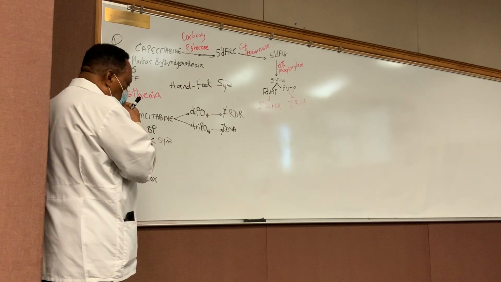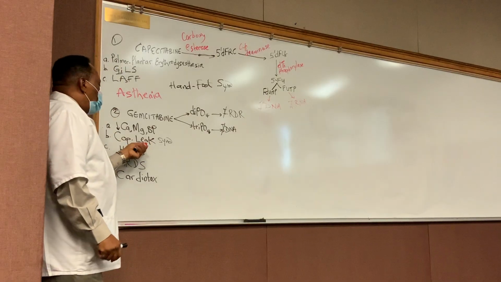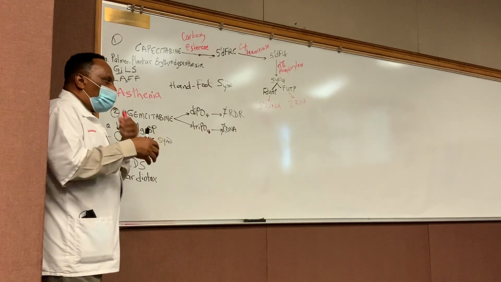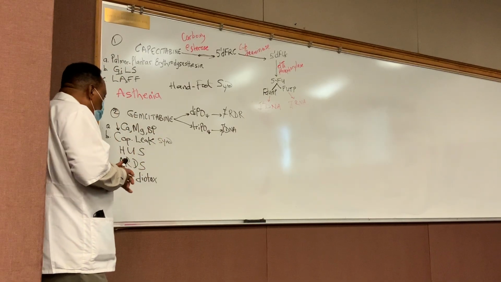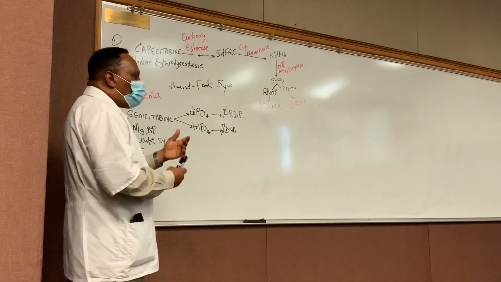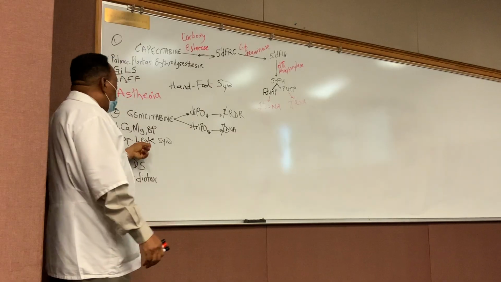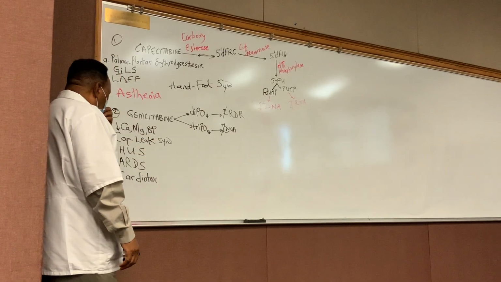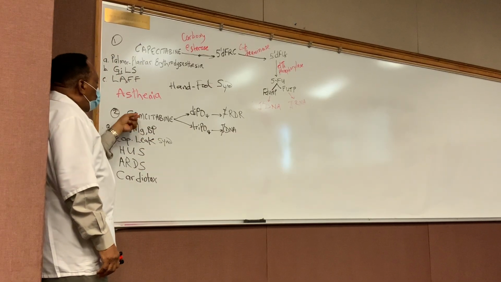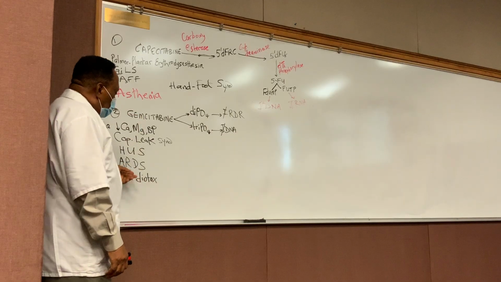So the only management you have for it is supportive management. You just have to take care of the blood pressure, take care of all the fluid accumulation and stuff like that. But that can be produced by gemcitabine.